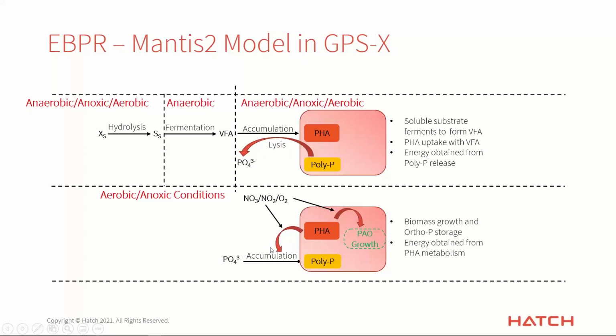So basically what's happening is you are storing the PHAs first, and then in the aerobic conditions, you grow on that PHA and you take up all of that stuff that you released plus more. So it is sort of a net gain of phosphorus into the PAOs, which you then settle out in your clarifier and then remove from the system before the effluent goes out. So that is how BioP works, and we need to be able to capture those 3 or 4 steps in that process.